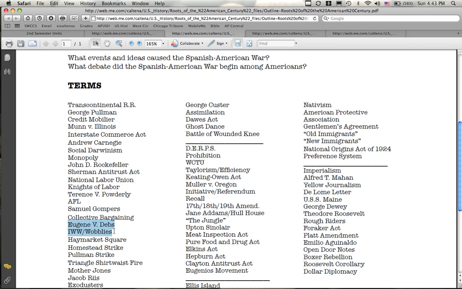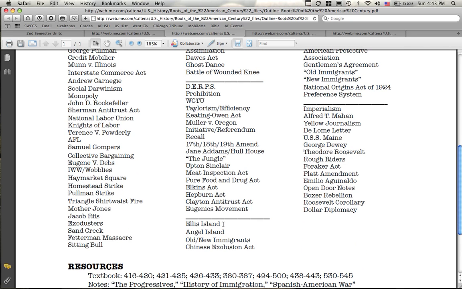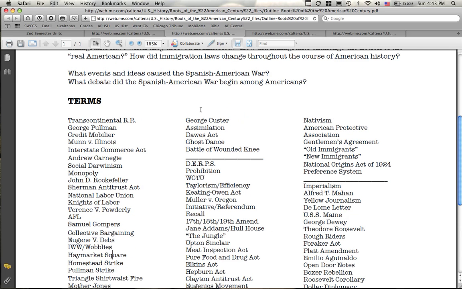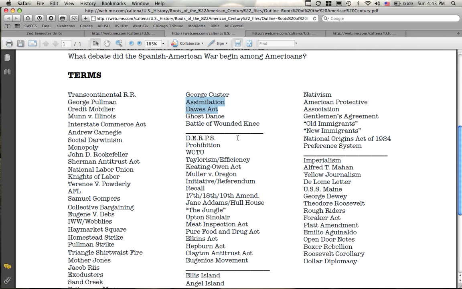So be able to identify the ins and outs of these unions, and we did a worksheet on that. Other than that, you can skip a lot of the Western stuff. Make sure you know assimilation and Dawes Act. And as far as the rest, I think we should all remember that.